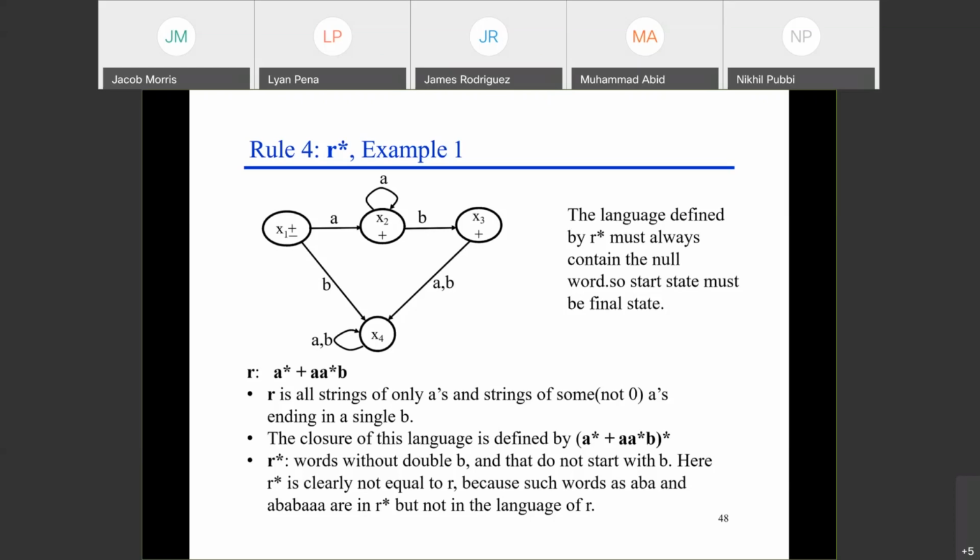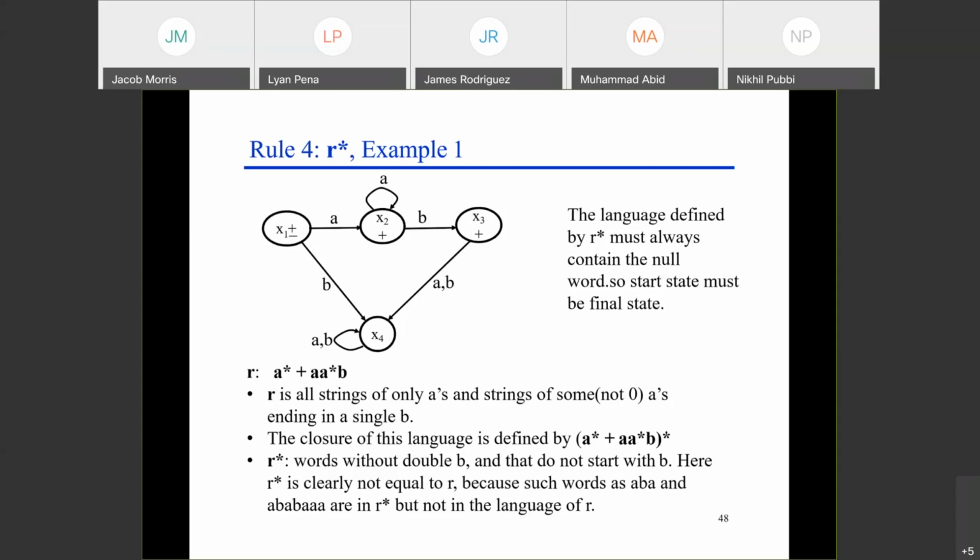Okay, and now you see that its start state is also a final state. It means that this FA has the ability to accept lambda as a word in this language, because we learned this rule that whenever you have a start state and it is also a final state, it will accept lambda.